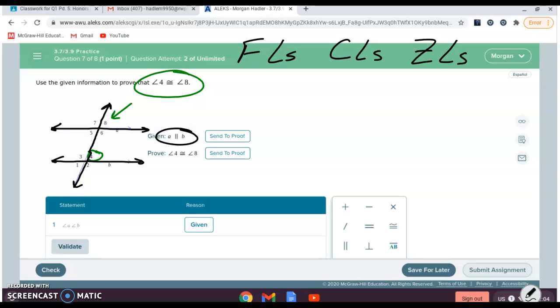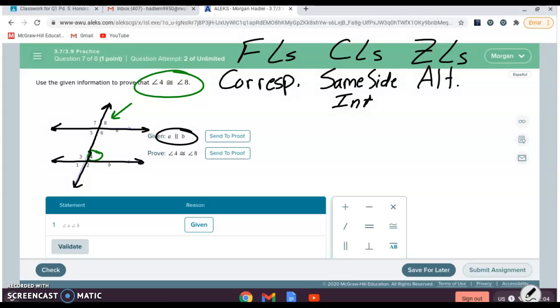The F angles are the corresponding angles. The C angles are same side interior, and the Z angles are alternate interior. So this is what we talked about when we had the certain congruences.